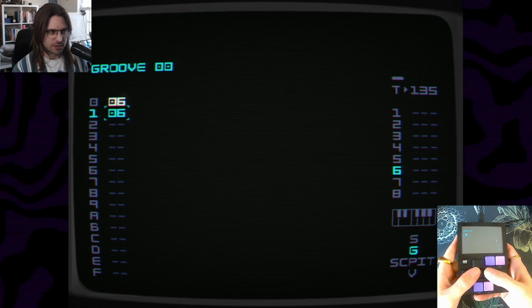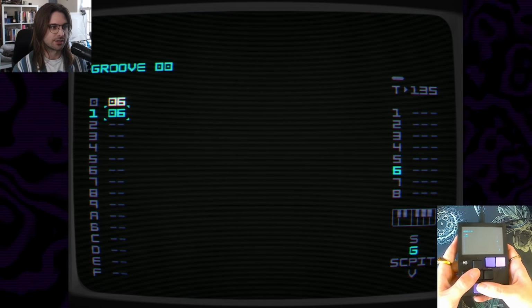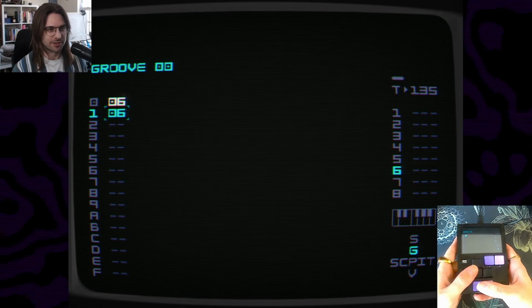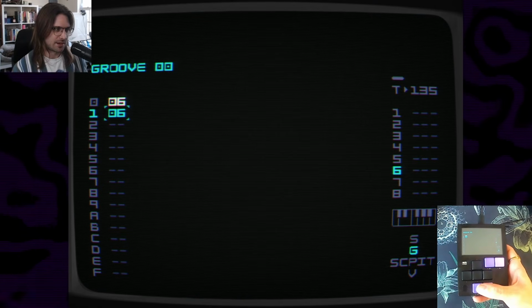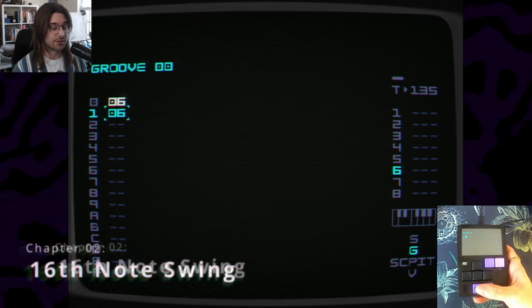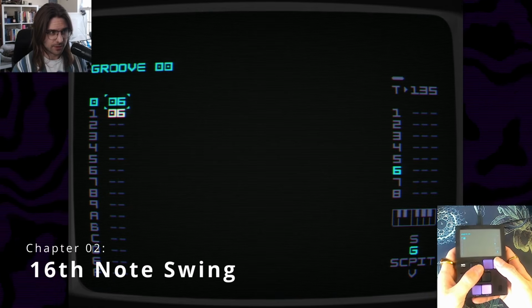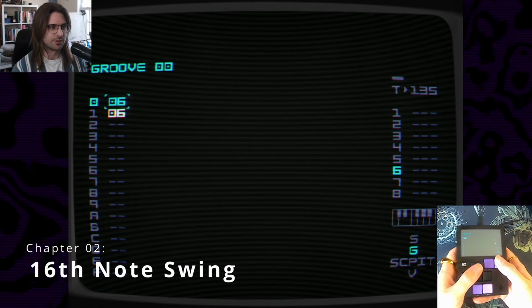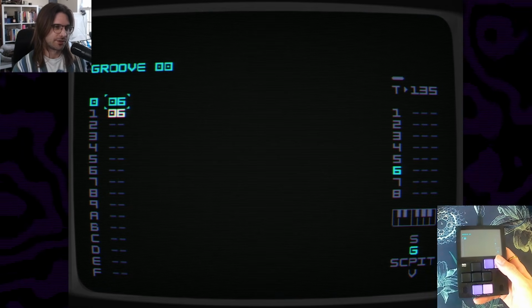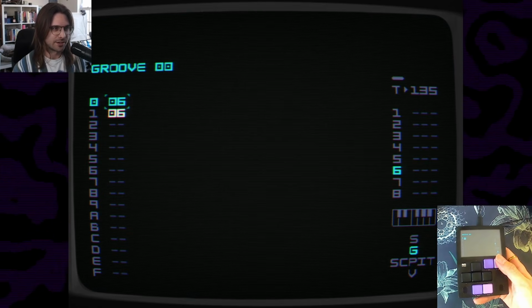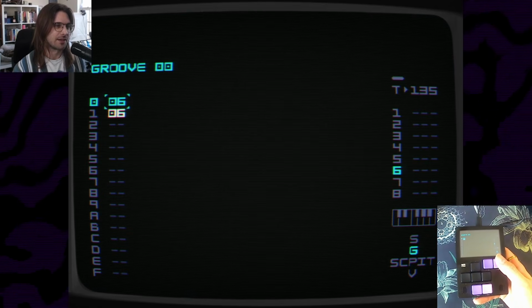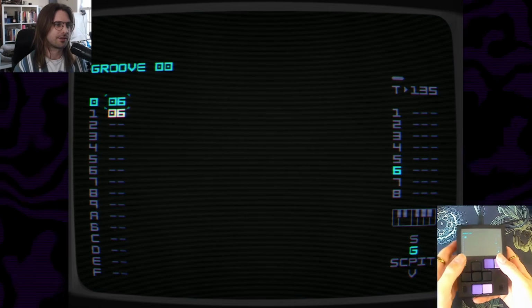But what I think most people are going to gravitate towards on the groove page is getting a little bit of swing out of the sequencer. The easiest thing to illustrate this is what's called 16th note swing. What this means is the first 16th note is a little bit longer than the next 16th note, and then it alternates back and forth between those.